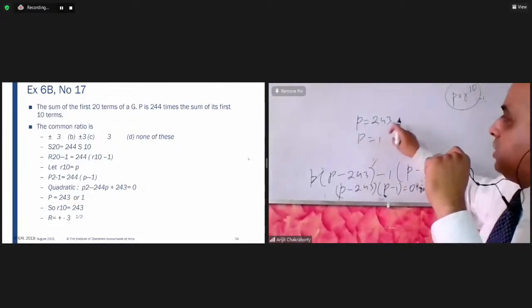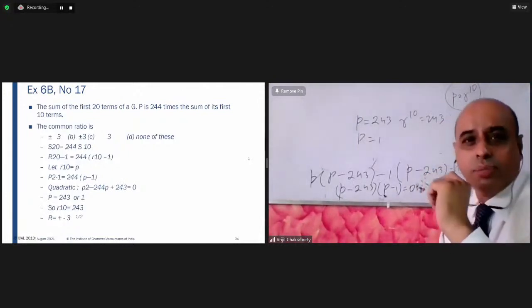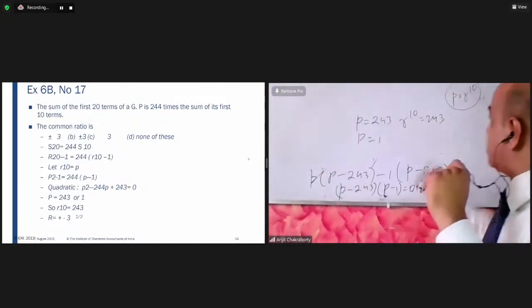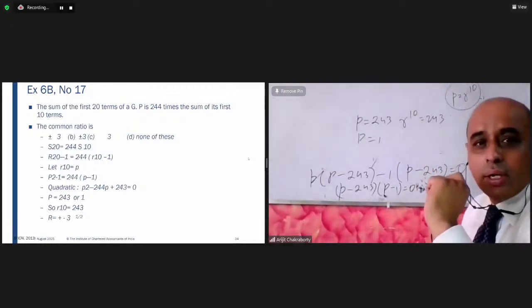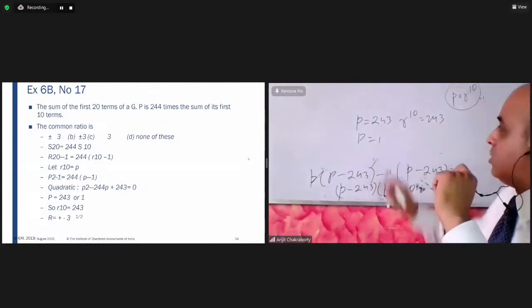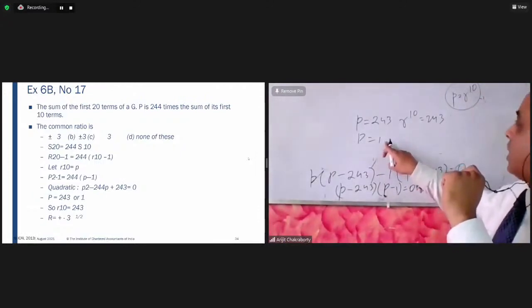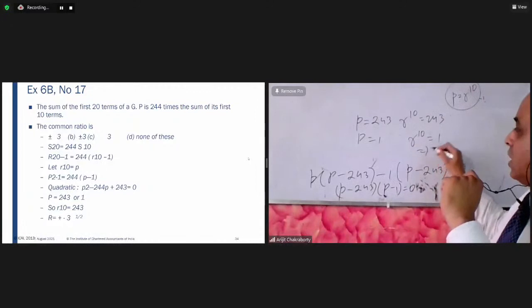If I take P equal to 243, that means R to the power 10 is equal to 243, because we had taken P as R to the power 10. And the other option is P equal to 1. Then R to the power 10 will be equal to 1, which means R is equal to 1.